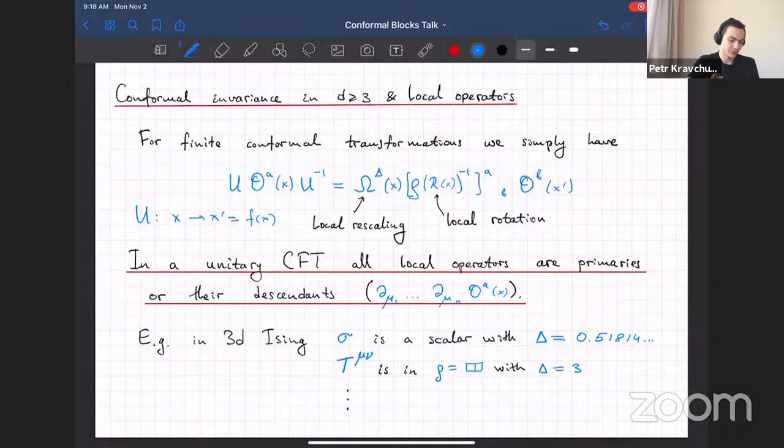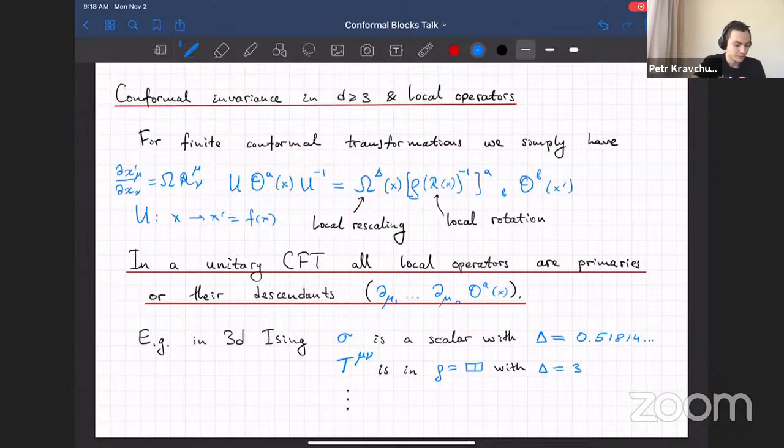And rho is the representation of the Lorentz group, while R of x is the local rotation. So basically, I probably should have written this. If you take dx prime over dx, you'll get that this is some function omega times an orthogonal matrix.